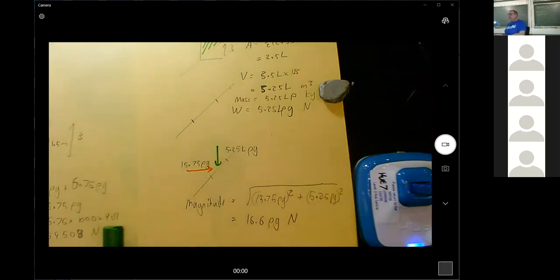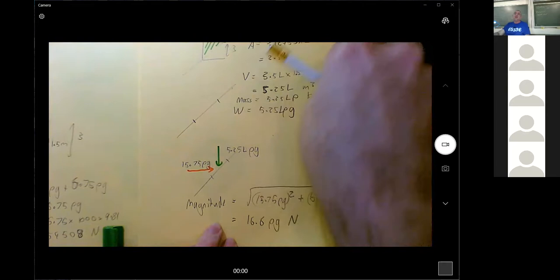All right. Now your issue was, is this pointing in the correct direction? That's the question. All right. I don't know, but let's figure out the angle and see what happens.